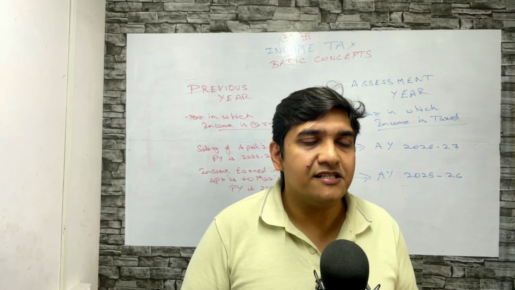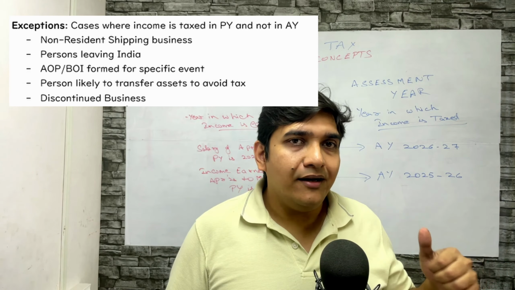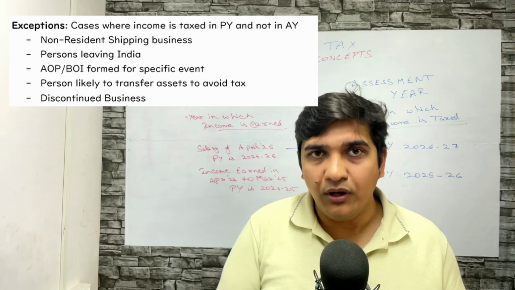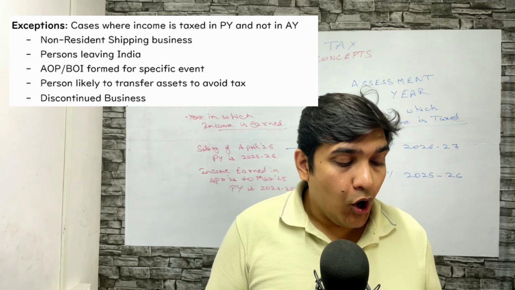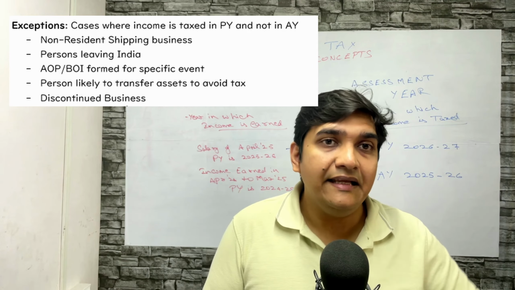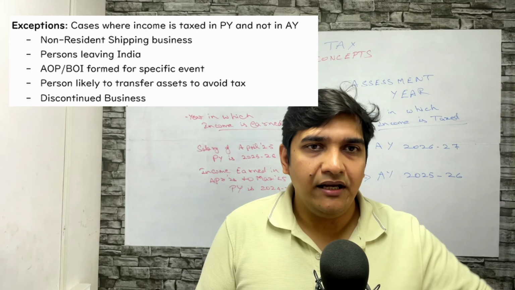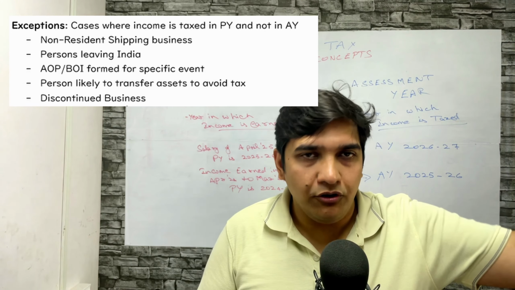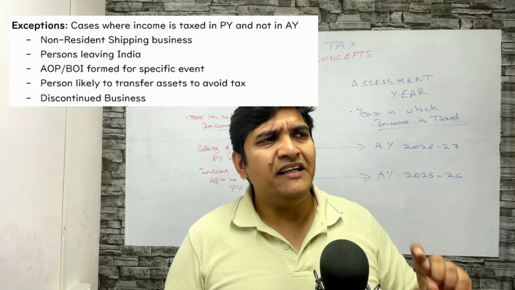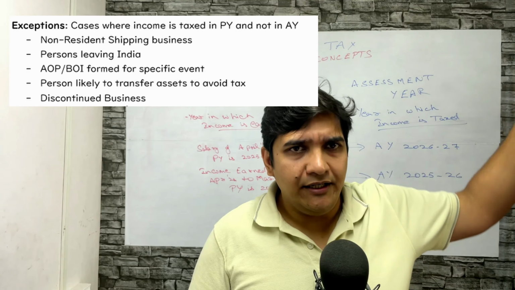Some of the instances are, let's say you are a non-resident person having a shipping business, right? Or you are a person who is permanently leaving India, that is, you are migrating out of India permanently, or if not permanently, at least for an elongated period, right?